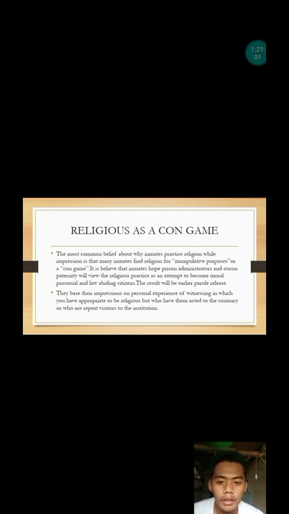So they base their impression on personal experience of witnessing inmates who appeared to be religious but who acted to the contrary, or who are repeat visitors to institutions.